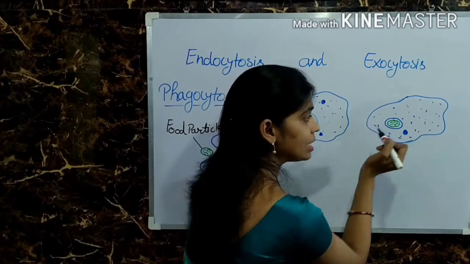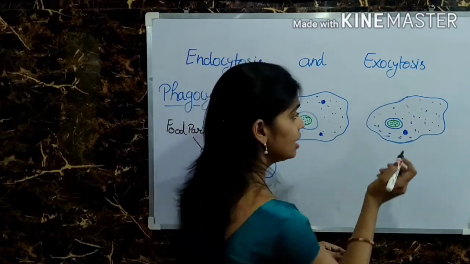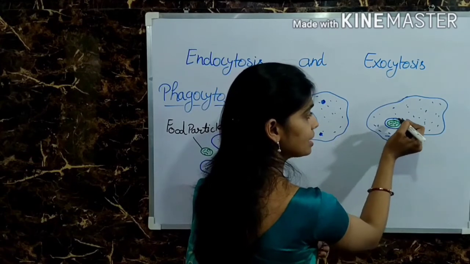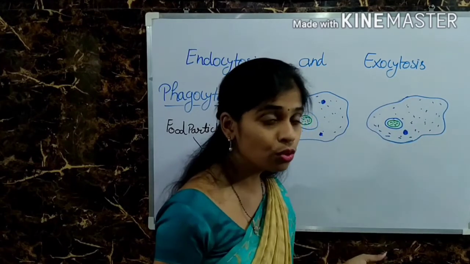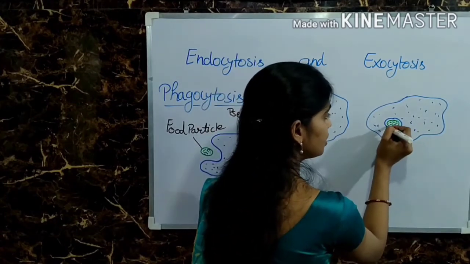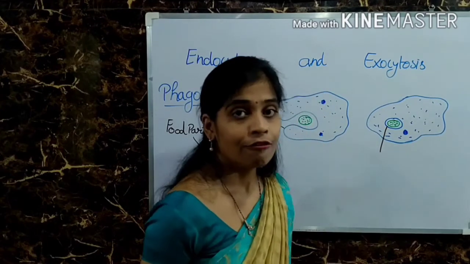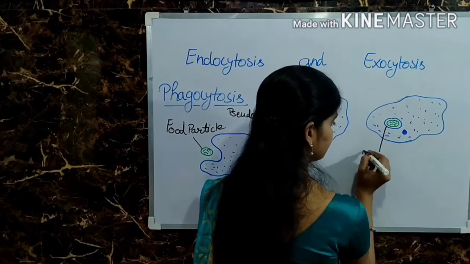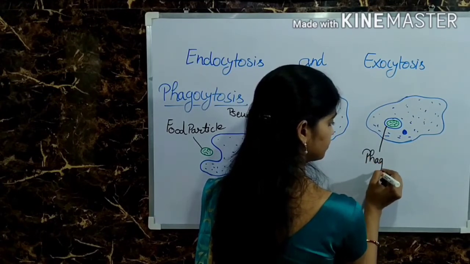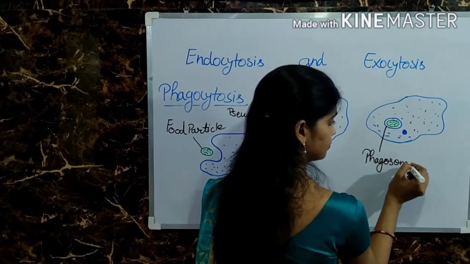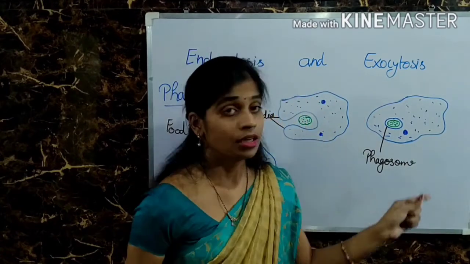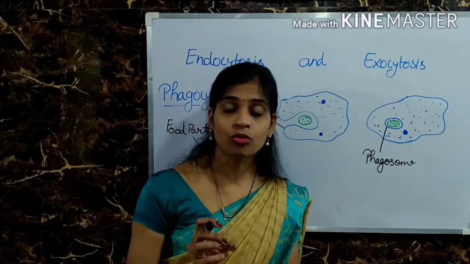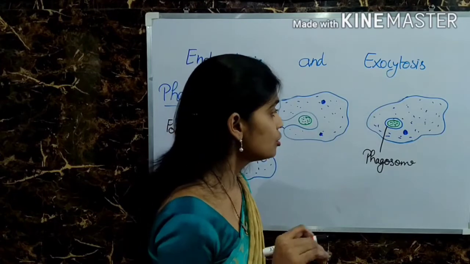When it is taken into the amoeba cell, a vacuole is created around the food particle. That vacuole is also called the phagosome, and it helps to keep the food until it gets digested.